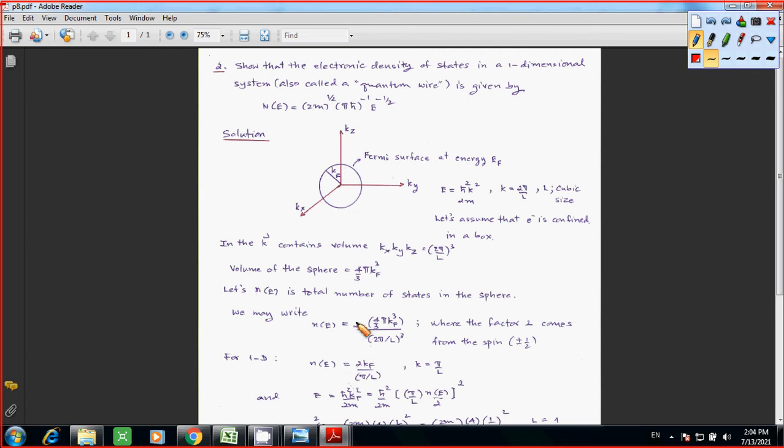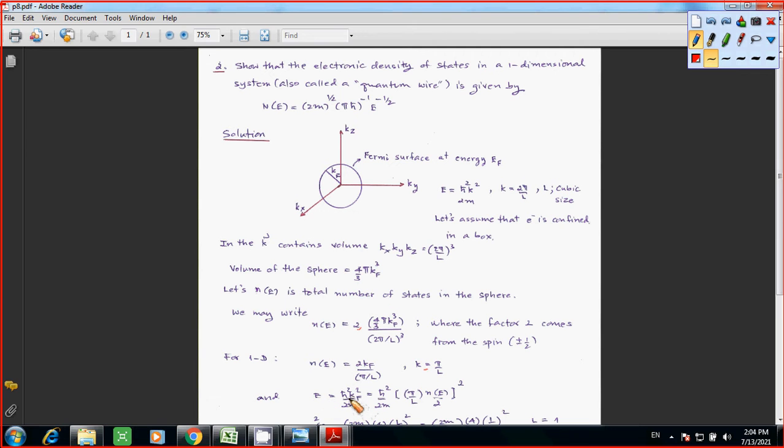For one dimension, that simply becomes 2 kF over pi L, because k equals pi over L. And then your E is p squared over 2m.